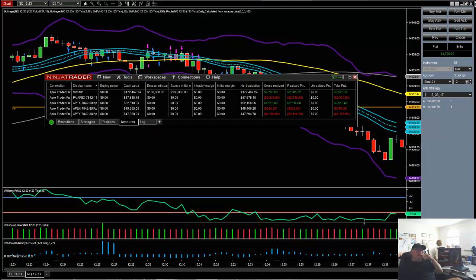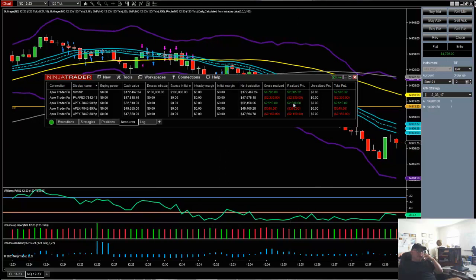I'll just pull this over. This is my trading today. Of course, sim is me goofing, trading 112 contracts at one point. Yeah, right. But this one here was Apex on the PA, and this was the Tiger charts when I came back on.